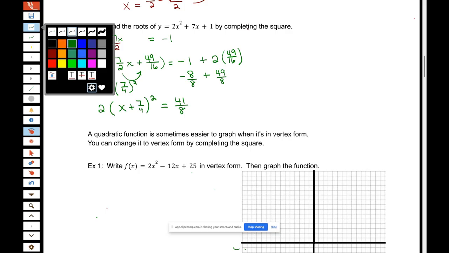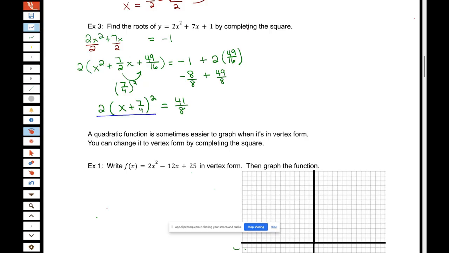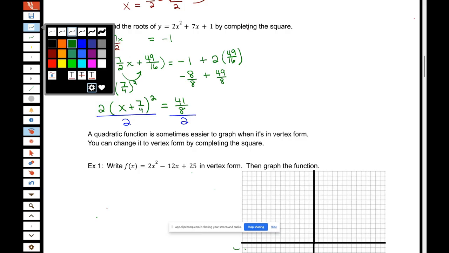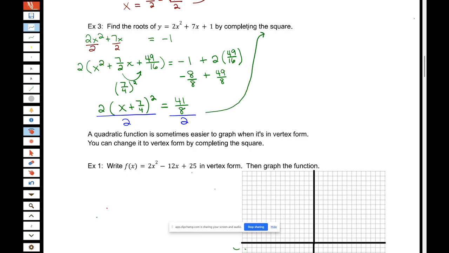So next I need to divide both sides by 2 in order to start isolating and solve. So those 2's cancel. That's not bad. X plus 7 over 4 squared equals, again, if I'm dividing a fraction by 2, I'm just going to double the denominator. So that's going to bring me back to 41 over 16.